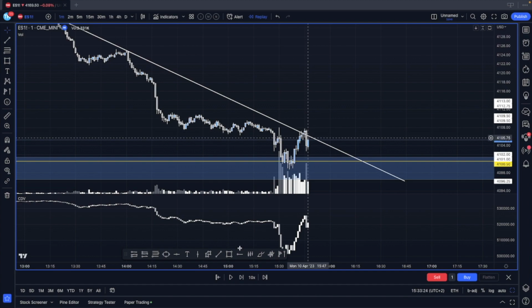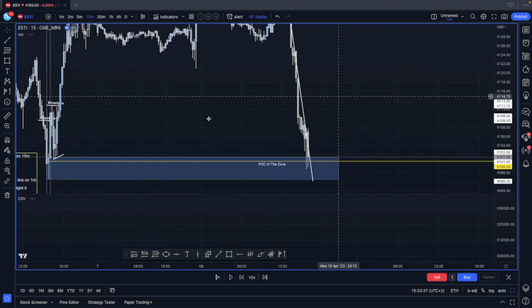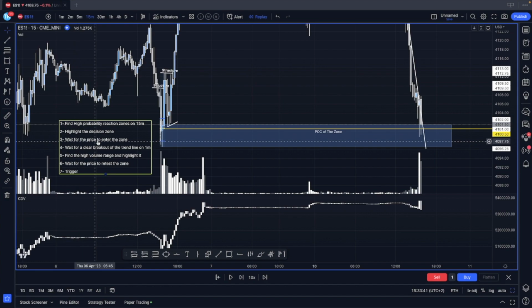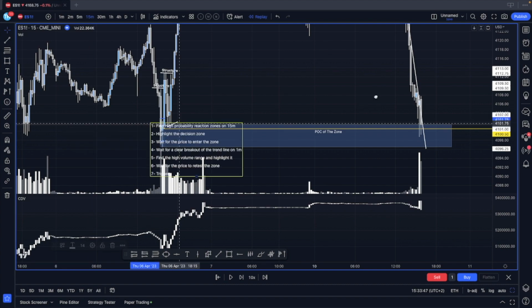Okay, it will be better if you see a candle like this, a full candle breaking the zone. Okay, so wait for the price to enter the zone, wait for a clear breakout of the trend line on 1 minute time frame.